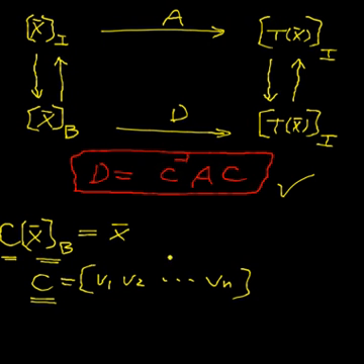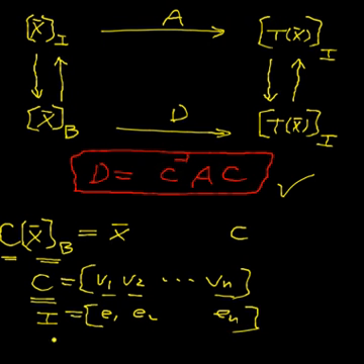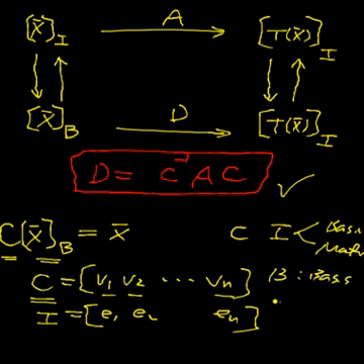That's for the input part, and my output part is going to be the same change of basis matrix, which consists of V1, V2, Vn instead of E1, E2, and En, and that one we called the I matrix, right? By the way, I used the notation I for the basis as well as the matrix, but in this derivation I use B for the basis and C for the matrix of the basis.